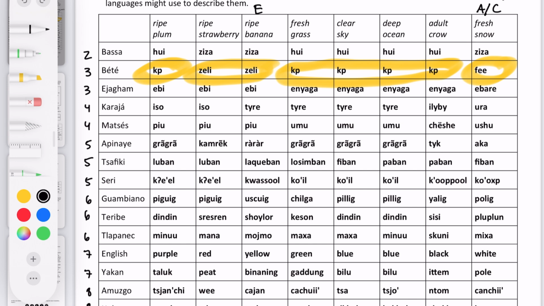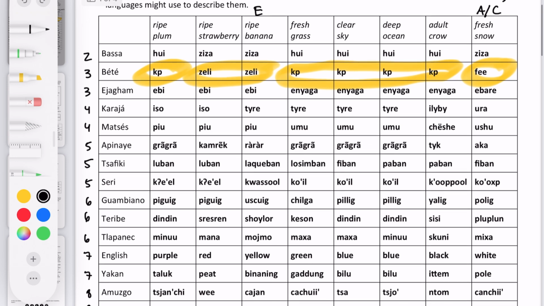But for Zeli, since we know that E is this column right here, we can conclude that this other Zeli must be under a category of A, B, or C because it's the only column with Zeli left, and we wouldn't be able to put two of A, B, or C under KP because then it wouldn't be distinguishing.